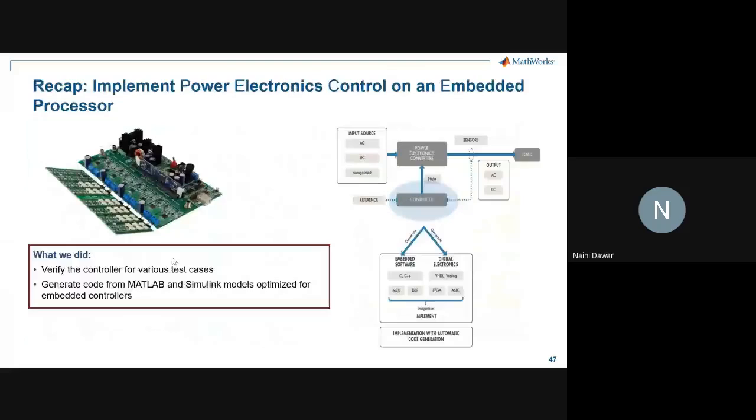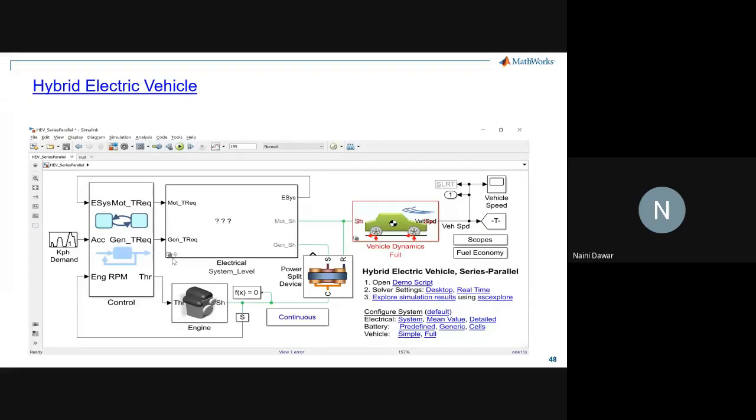Okay. So moving ahead, we did talk about different components, right? I briefly talked about the batteries. I showed you how there are Simulink models or capabilities available for motor modeling and control. Then we even quickly talked about the power converters.